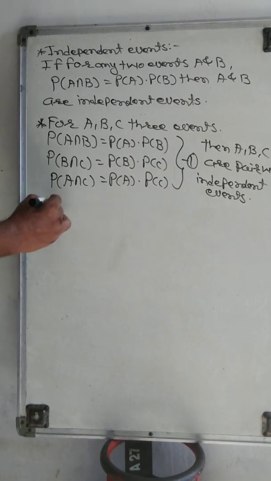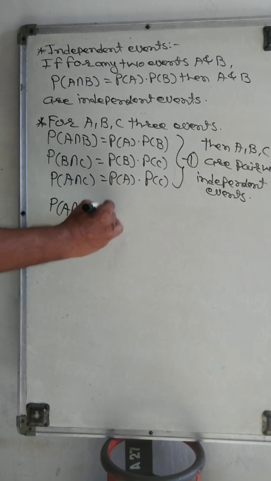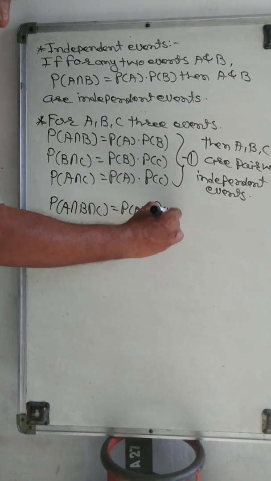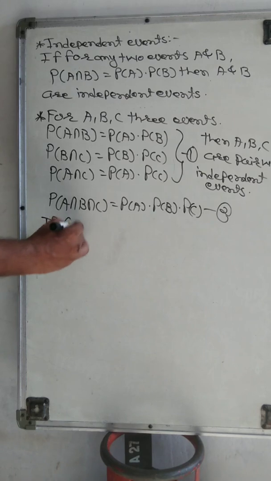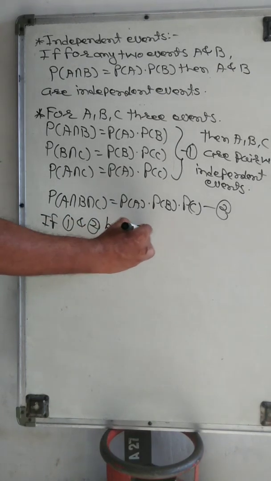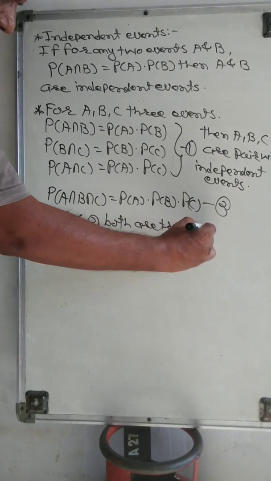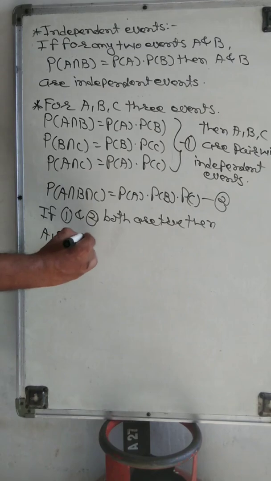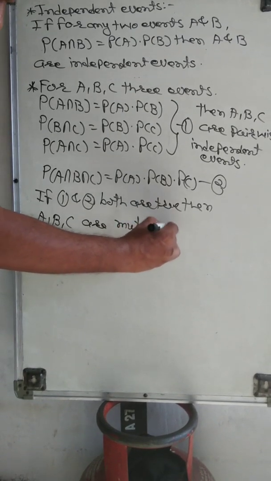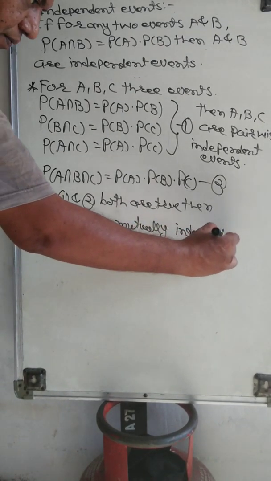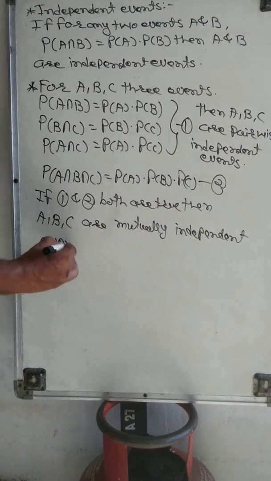But when the third condition, P(A) into P(B) into P(C), is also satisfied, if 1 and 2 both are true, then A, B, C are mutually independent events.